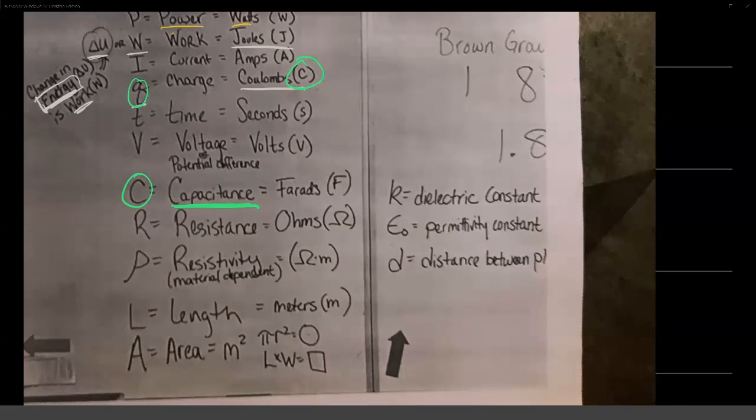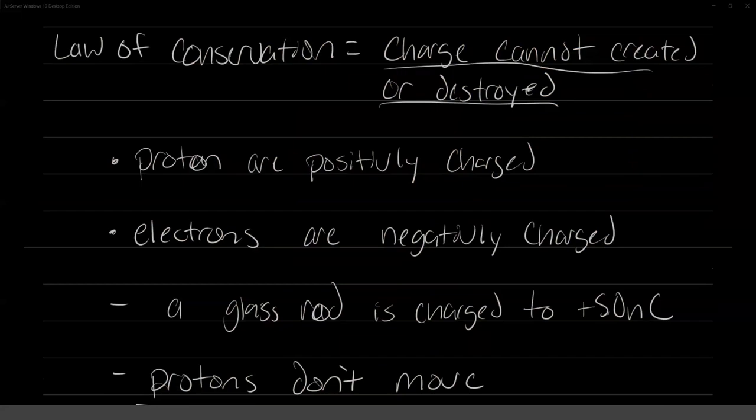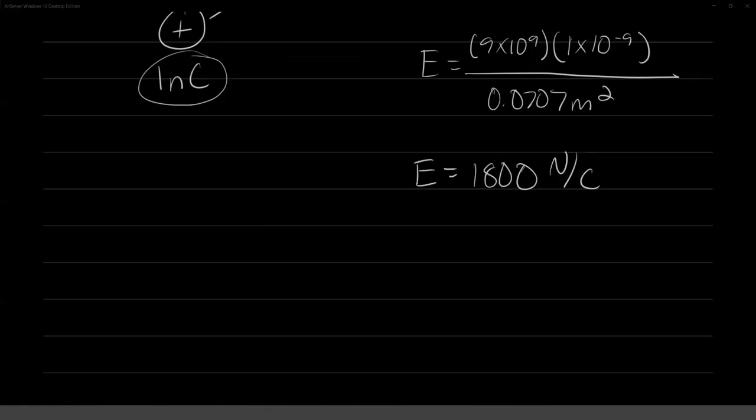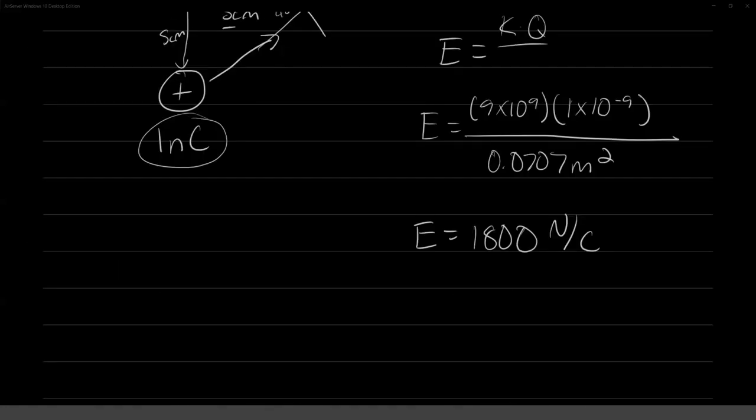Maybe we should add E equals field strength, and it's in newtons per coulomb. I think when you give the newtons per coulomb, you usually want to give a direction.